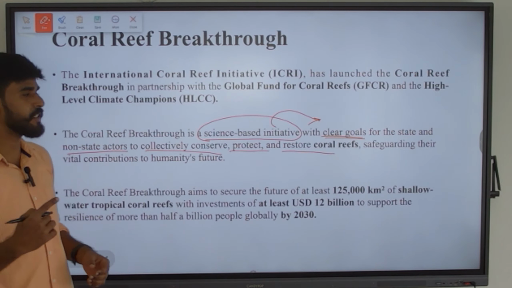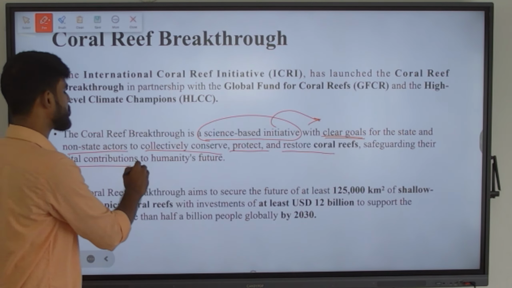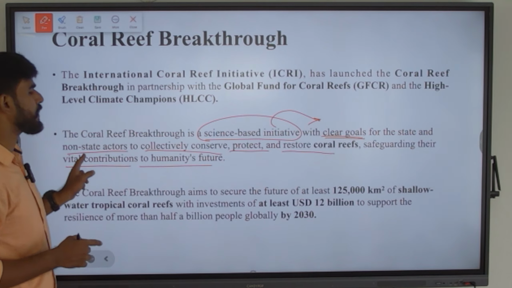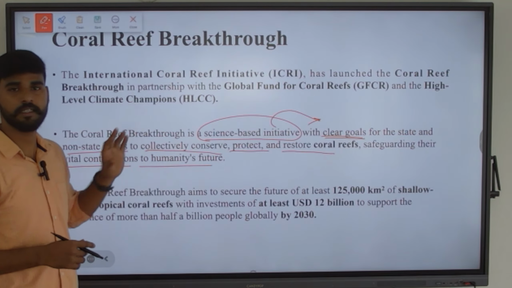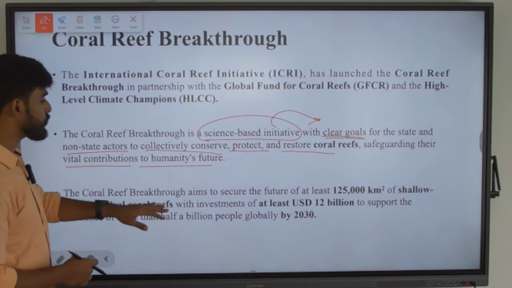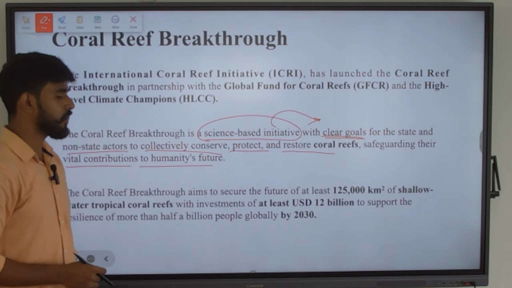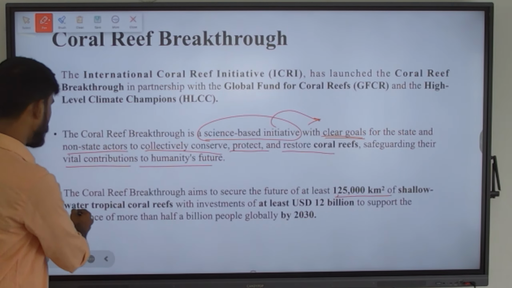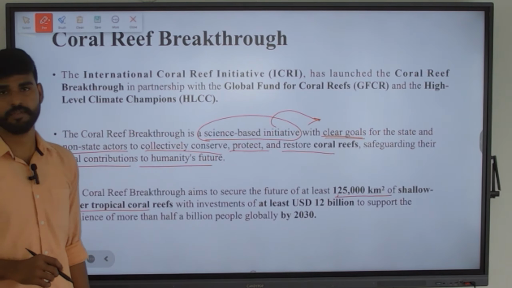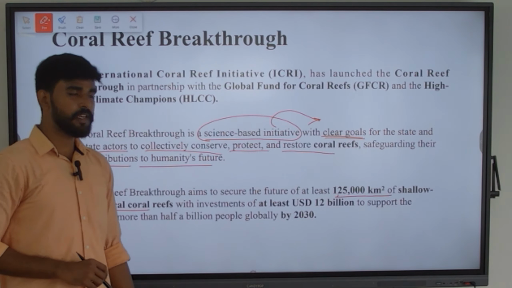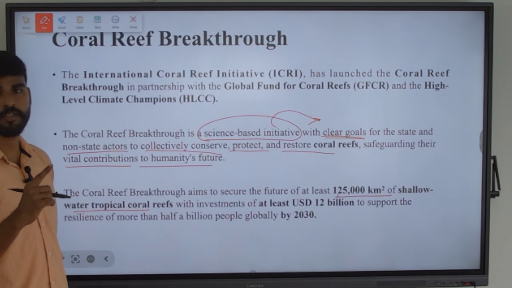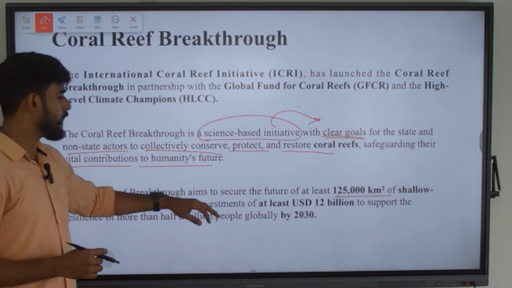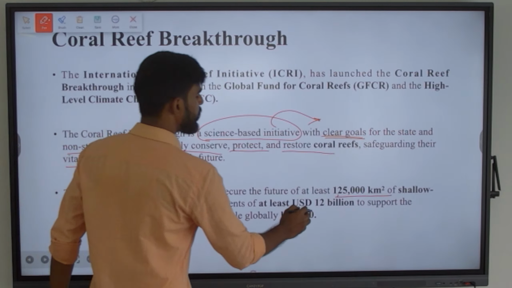And why is this done? It is to safeguard the vital contributions of coral reefs to humans' future. This is the objective. Next, the Coral Reef Breakthrough aims to secure the future of at least 125,000 square kilometers of shallow water tropical coral reefs, to be conserved with an investment of at least 12 billion US dollars.